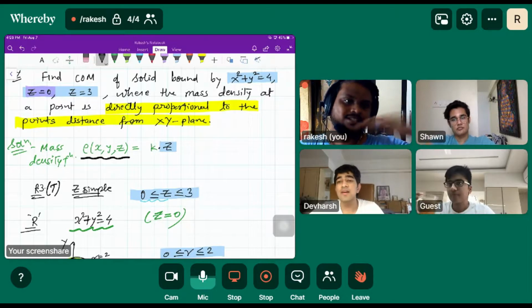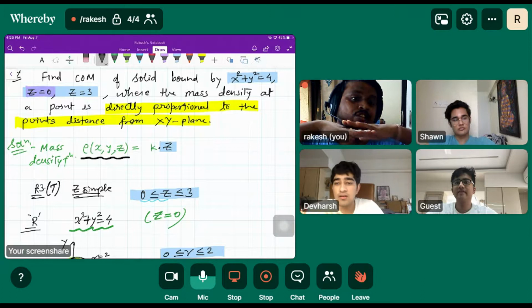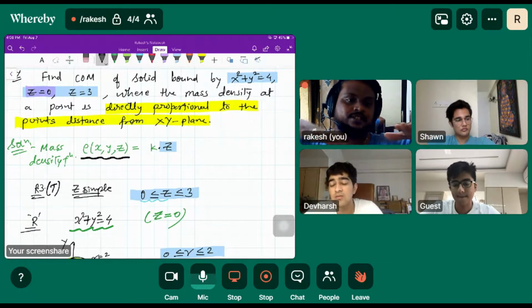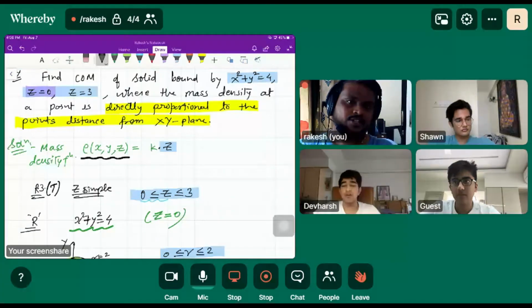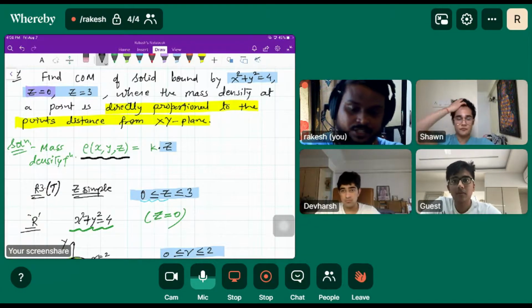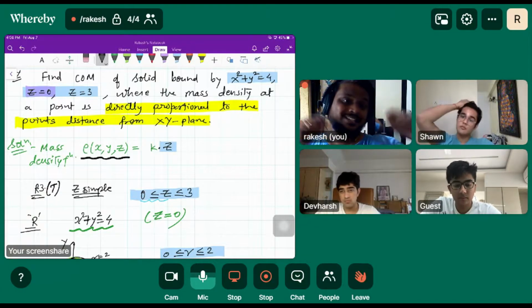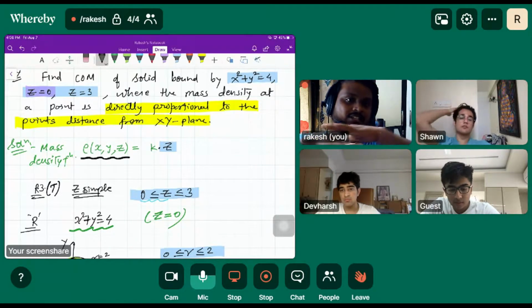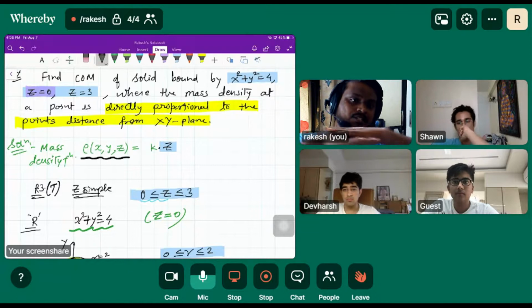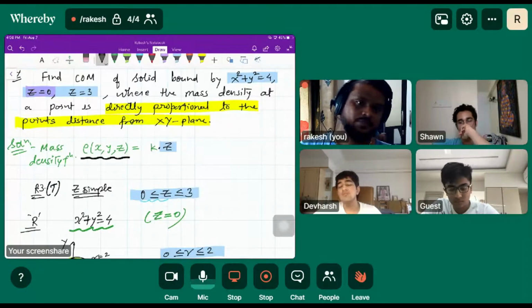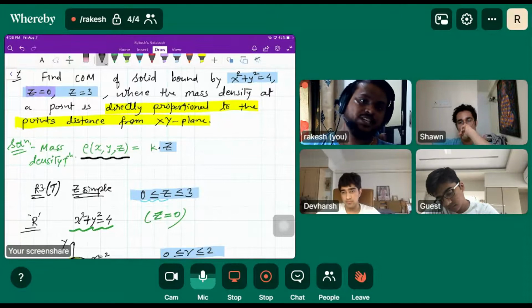The mass is spread out evenly for the disk at a certain height, because the mass density function is equal to kz.